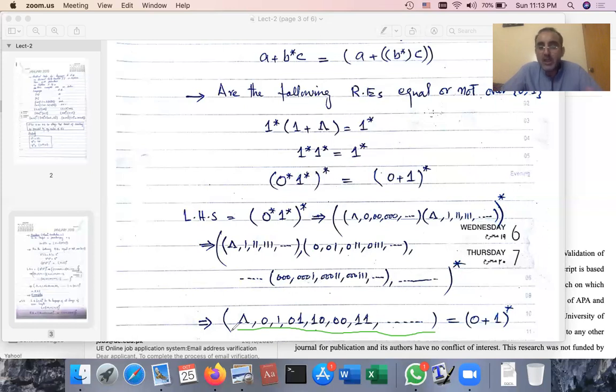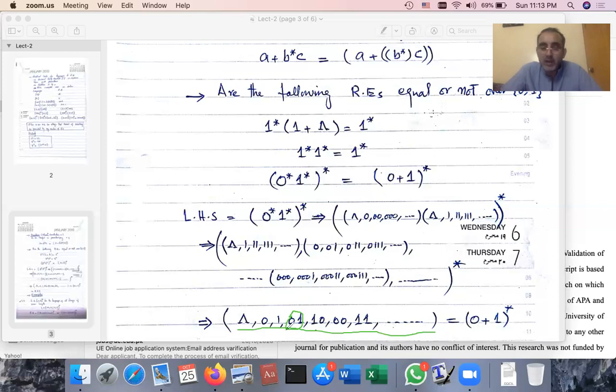So it is again all possible combinations of 0 and 1 including a null. So what conclusion is this set giving me? All possible strings of 0 and 1 including null. So this is a possible string of 0 and 1 but in concatenation form: 1 0, double 0, and so on.